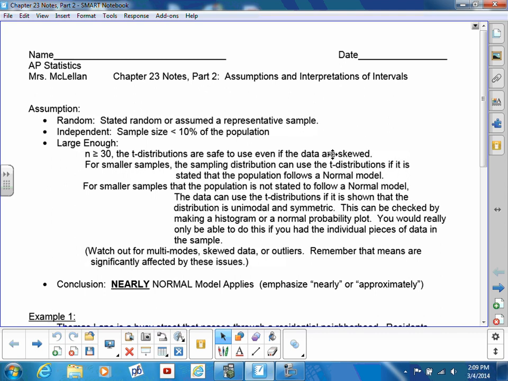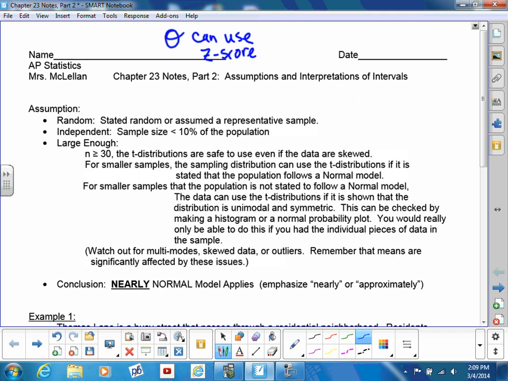So here it is. If you have the standard deviation of the population, then you can use z-scores and you can use the perfect normal model.